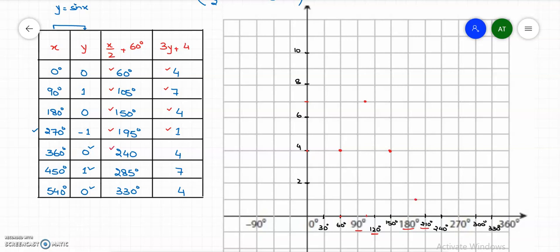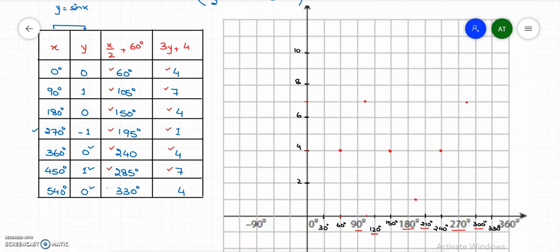When x is 240, the y value is 4. When x is 285, the y value is 7. 285 lies between 270 and 300, so the y value is 7, moving up, and that would be my second last point.